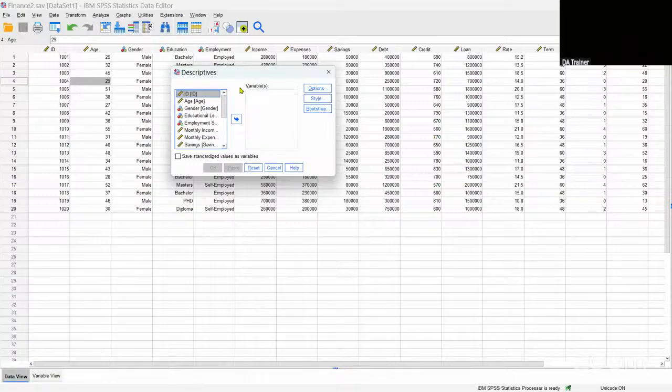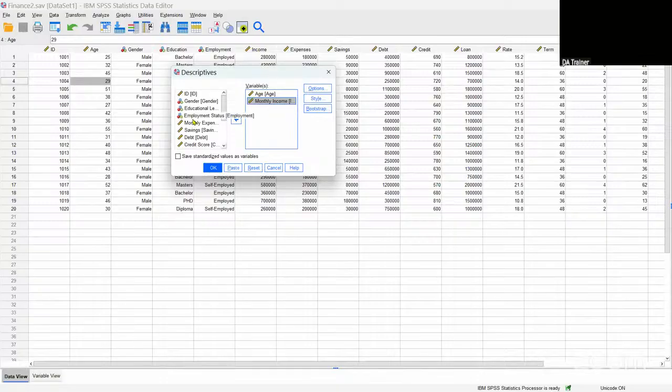All right, so under this, we want to move age, income. Have in mind, age now is a numeric index, right? Age, let's move income into the variable box.